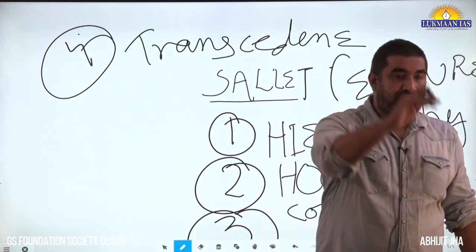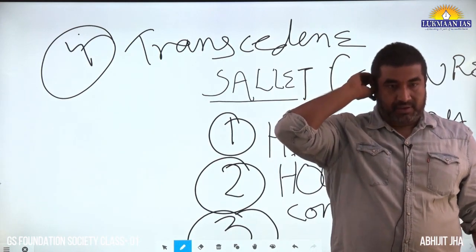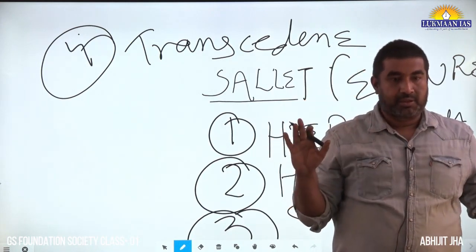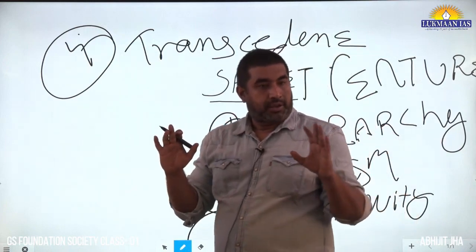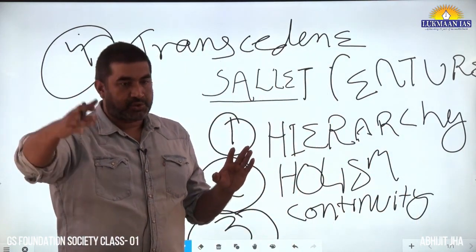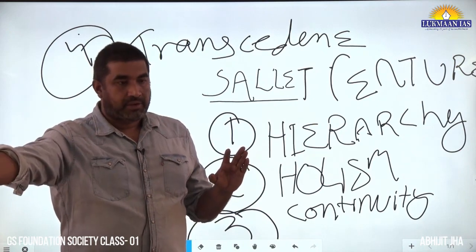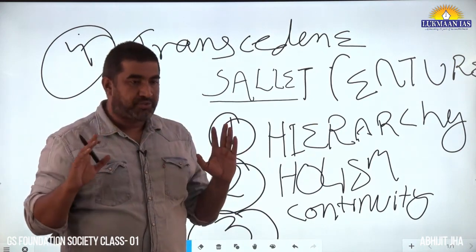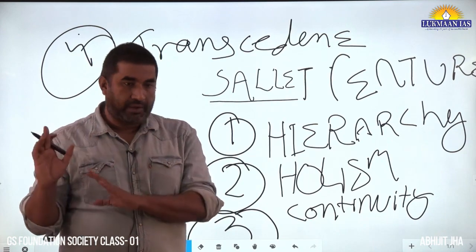By yourself you don't have any existence. There is no Abhijit Jha. He is from Bihar, such and such was his caste, so and so were his parents. That is the only reality of me.